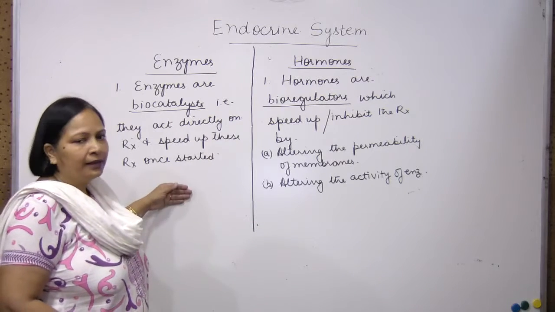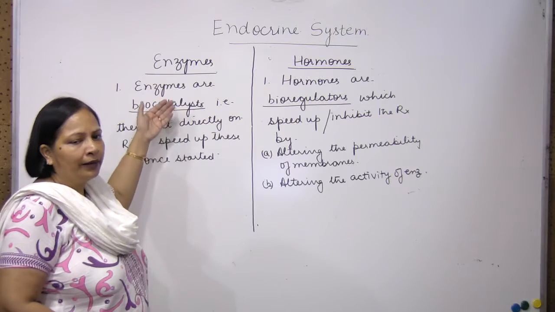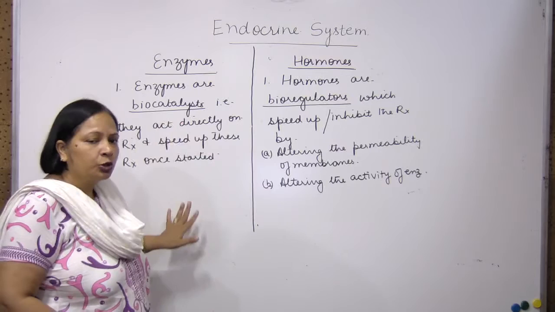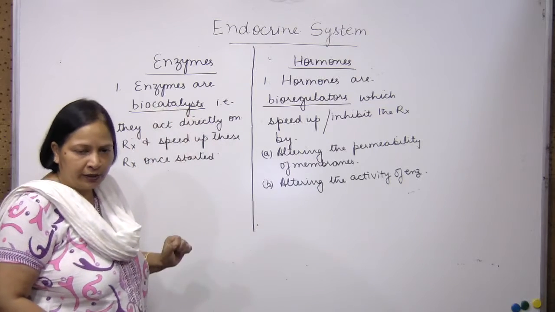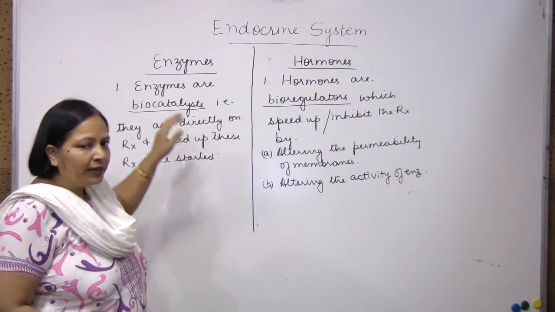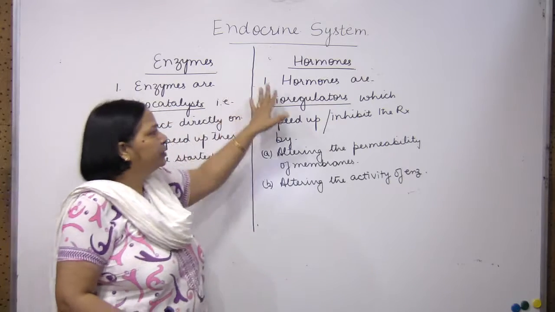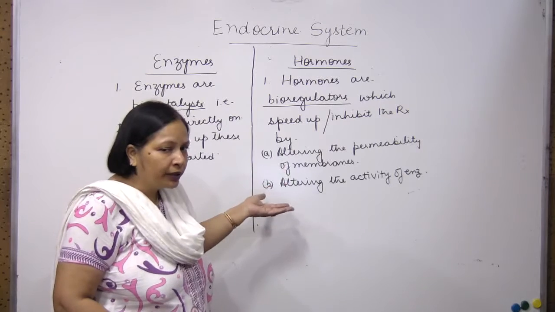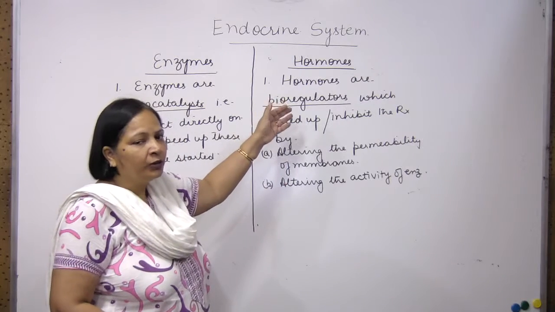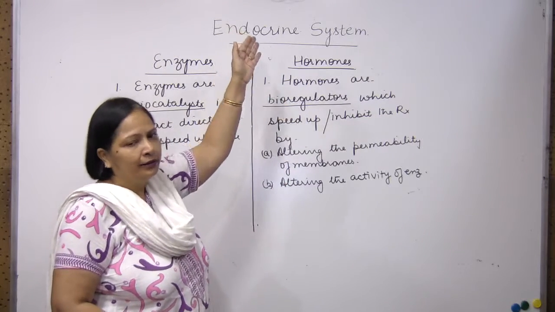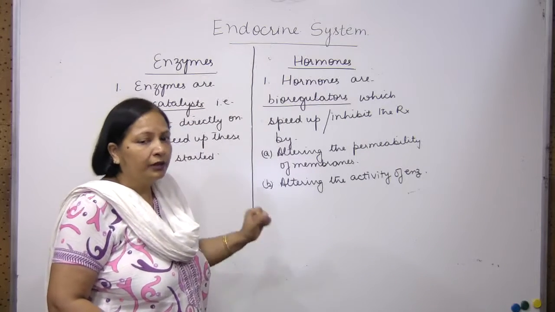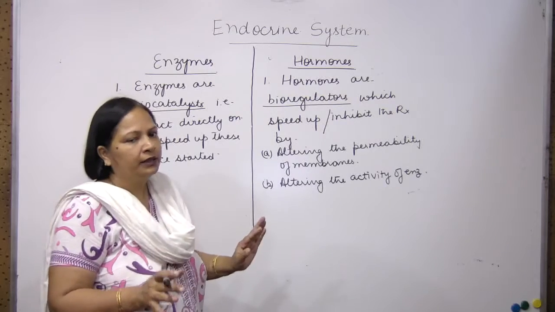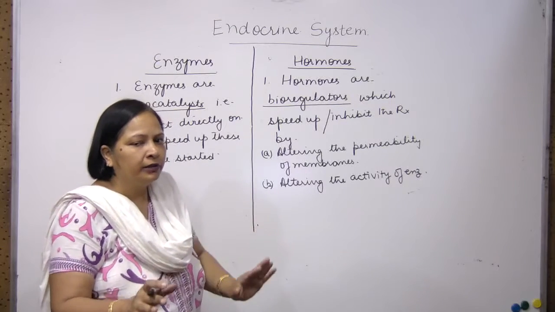These reactions are speeded up by enzymes, or they stop when the enzyme activity gets inhibited. The enzyme activity is controlled by hormones, hormones are secreted by endocrine glands, and the activity of endocrine glands is controlled by the central nervous system. Therefore, directly or indirectly, all the activities are controlled by the central nervous system.